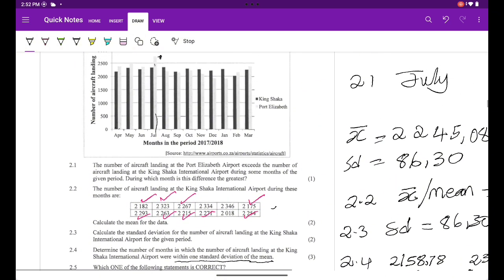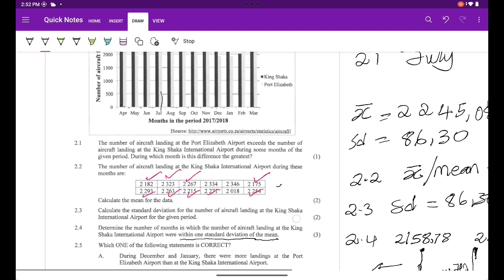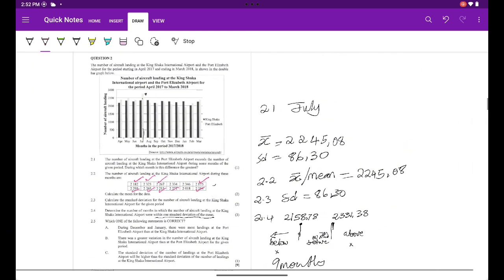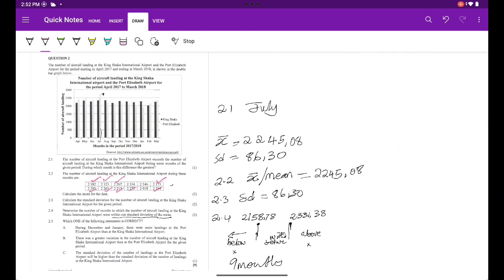So in other words, Port Elizabeth more than King Shaka.